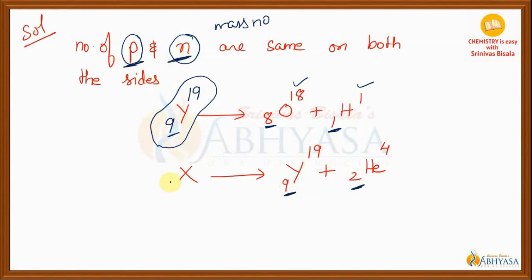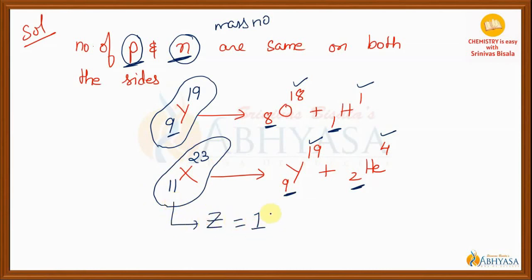So it will become 11 here, and adding 19 plus 4 gives 23. So this is our element X. We got that atomic number is 11, and when atomic number is 11, the element is sodium, isn't it? So we got the element sodium.